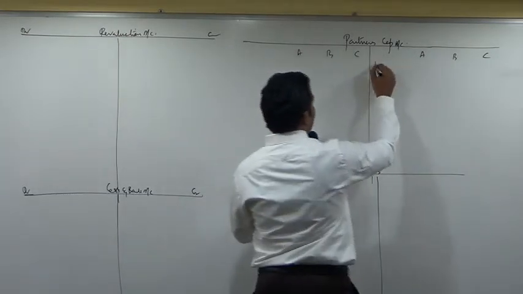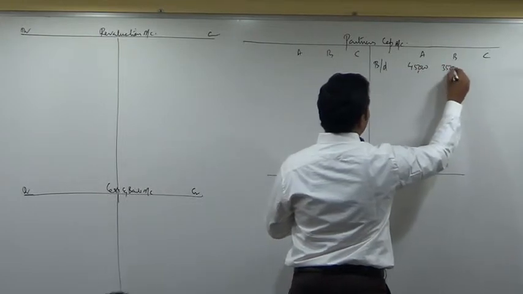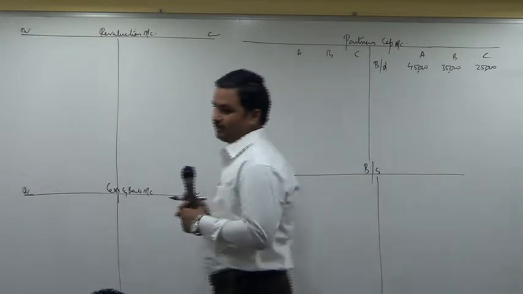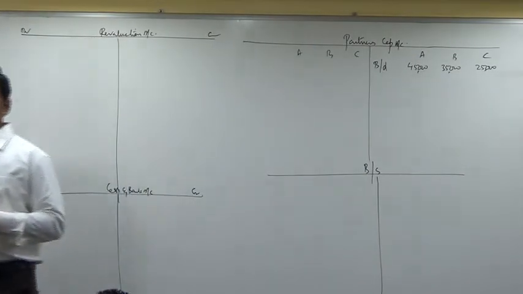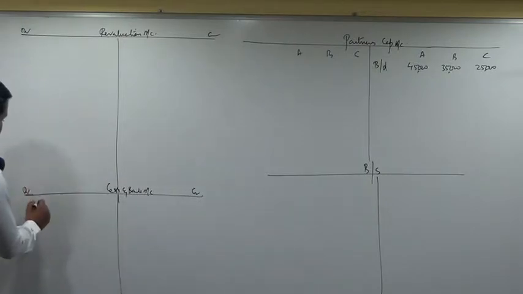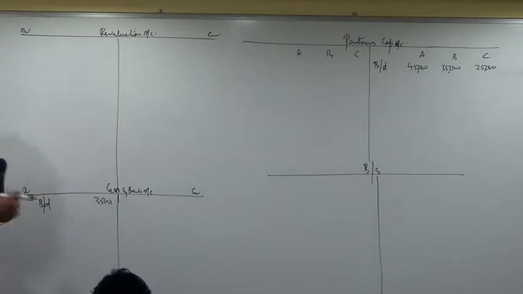Tell me what are the balances? 45, 35 and 25. Bank balance 3,500.